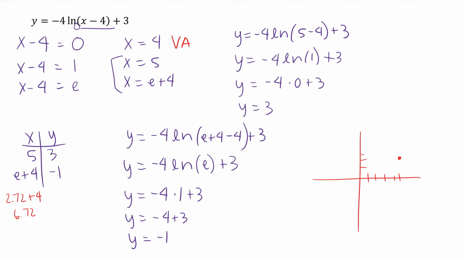So we'll come over here at 6, almost 7, and negative 1. Now I can draw in my graph, and I can remember that I have a vertical asymptote at x equals 4. So 1, 2, 3, 4. All right, we have our graph and our asymptote.